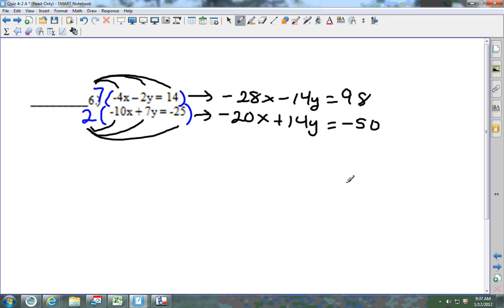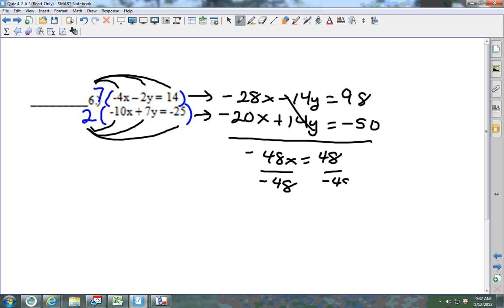Now we should have a letter that can cancel out. The y's will cancel out here. I get negative 48x equals 98 minus 50, which is 48. Divide by negative 48. X equals negative 1.